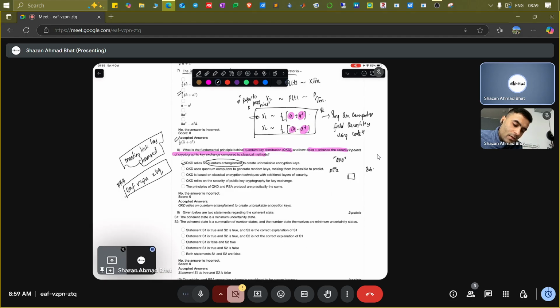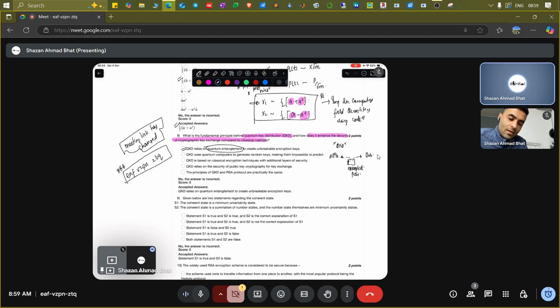Let's say you have a source of photons, an entangled pair of photons, so that this source sends one photon to Bob and another photon to Alice.